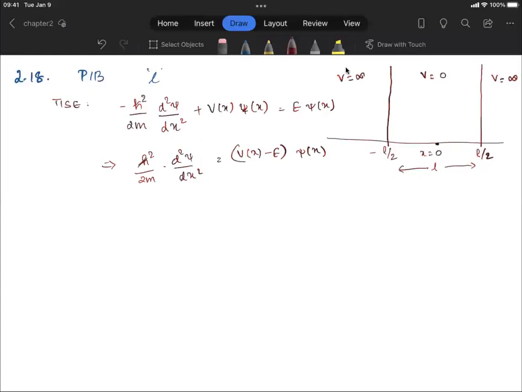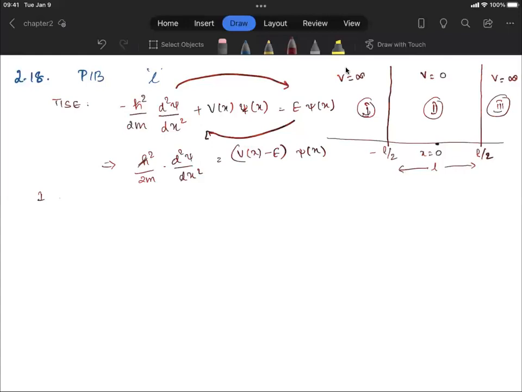So we have something like this. I'm bringing the energy to this side and moving the derivative term to the other side, basically bringing some terms together. Now, let's call this region 1, let this be region 2, and let this be region 3.